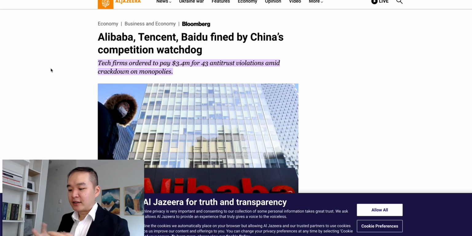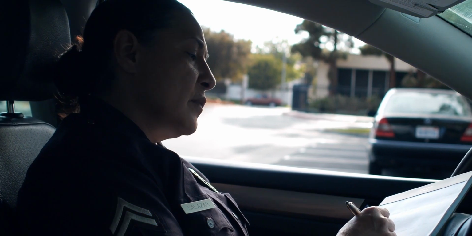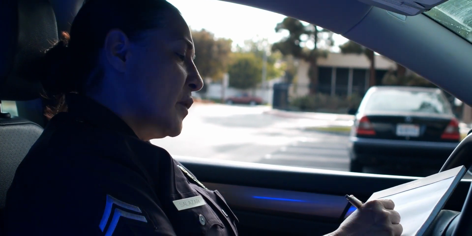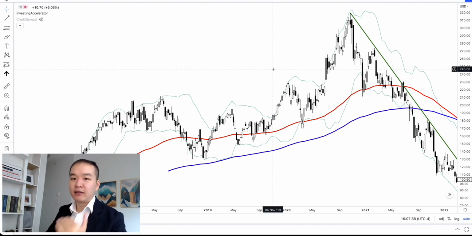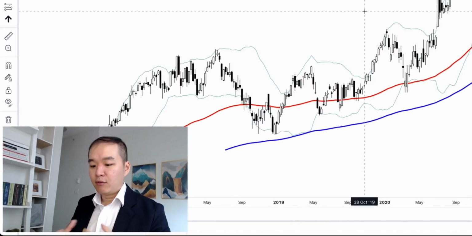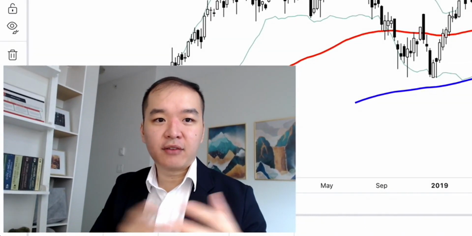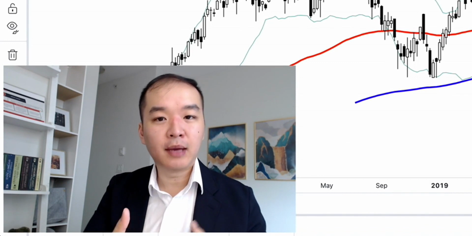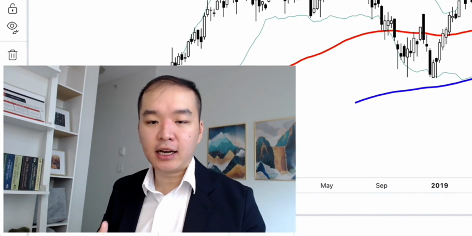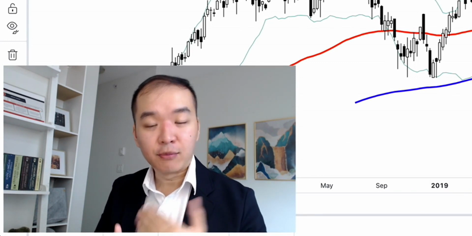Next article. The regulation is getting more intense, and there are actually a lot of fines being issued to Tencent, Baidu, Alibaba. And this depressed the stock price significantly, and they got hit by these fines multiple times. When it comes to these fines in China, the difference between the US and China is that in the US, you might be able to appeal it, you might be able to go through the court, but in China, you just accept it and you pay.